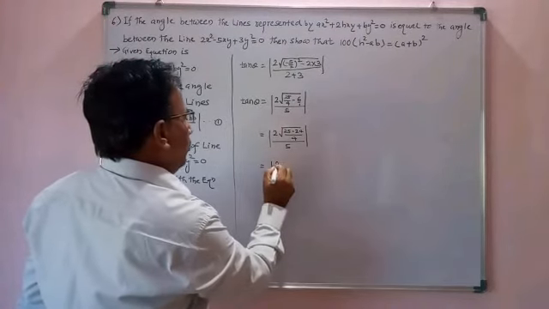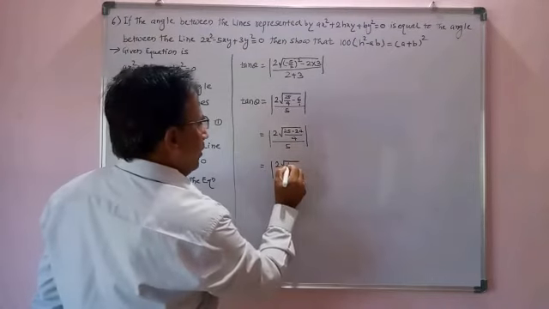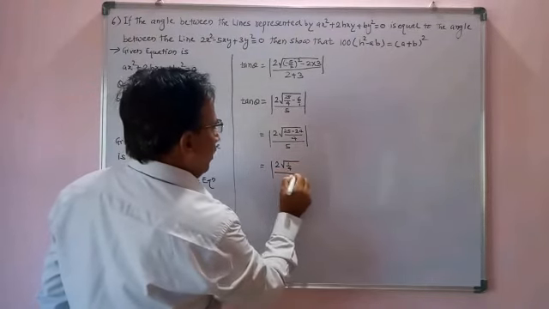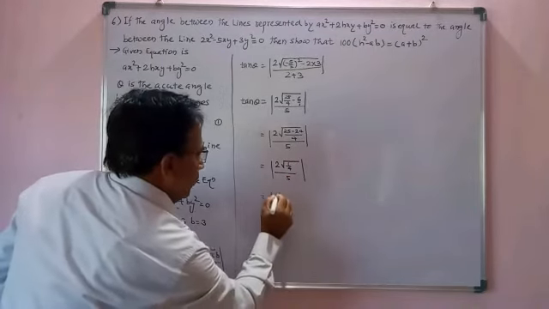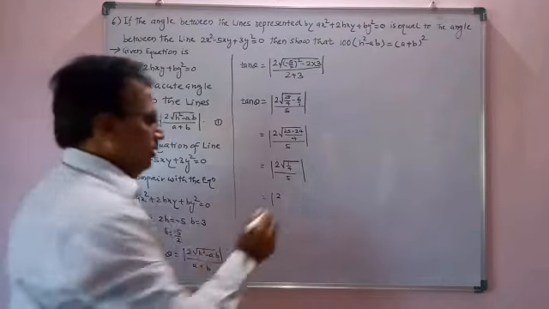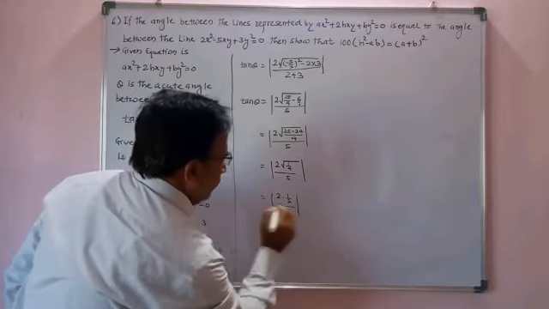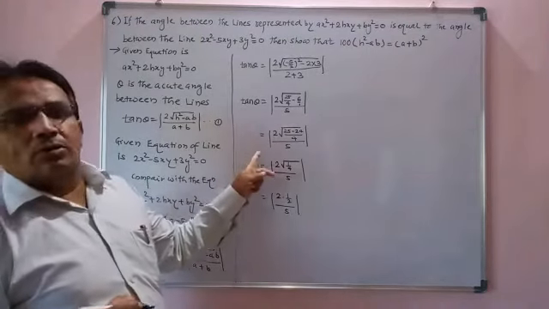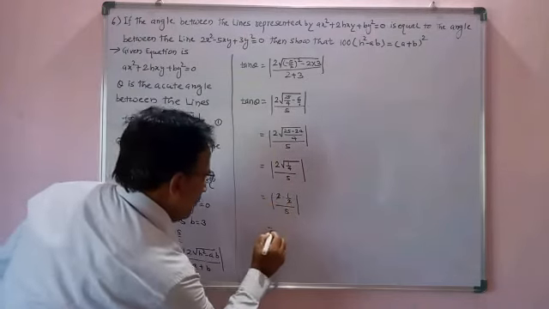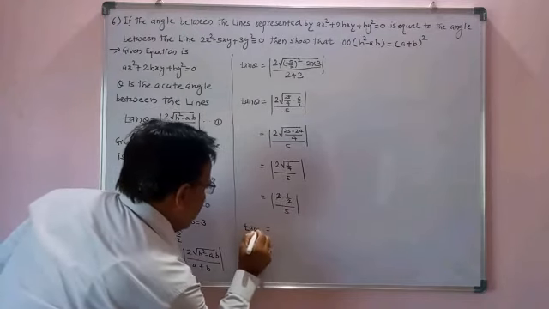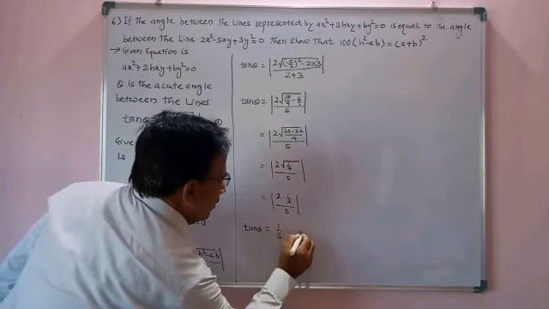So 2√(1/4)/5. The square root of 1/4 is 1/2, and the 2 and 2 cancel. Therefore tan θ = 1/5.